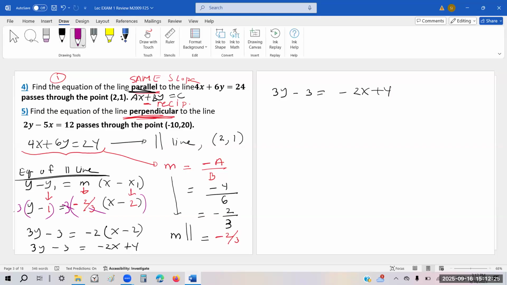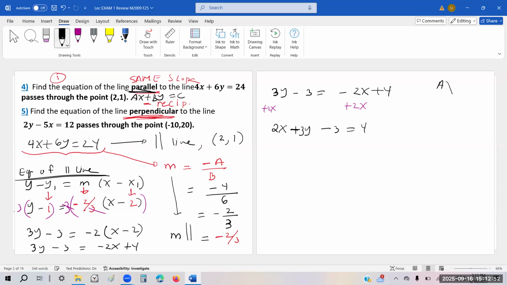You add the 2x to both sides. So you get 2x plus 3y or minus 3y? Which one? This 3y. Do you see any minus sign in the front? If you don't see any minus sign, that means you have a plus sign. Plus 3y minus 3 equals 4.